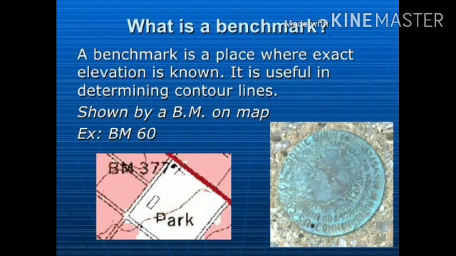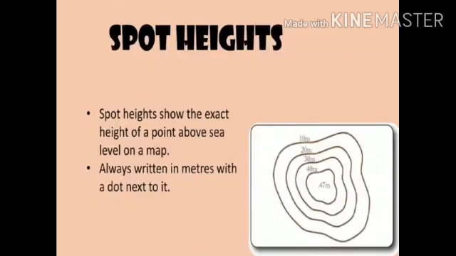Spot height. The exact height of a spot or place above the mean sea level shown on a topo sheet is called spot height. It is shown by a black dot followed by a number.